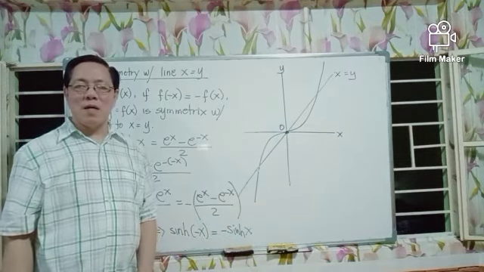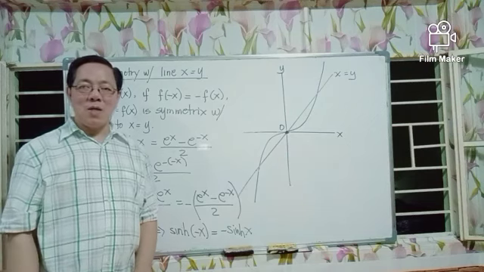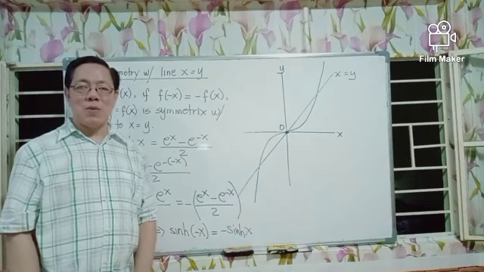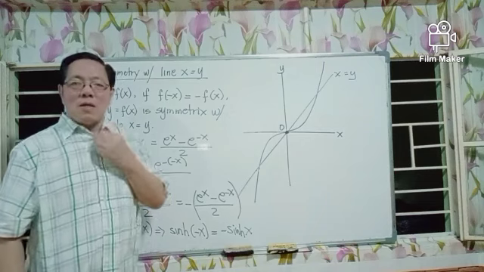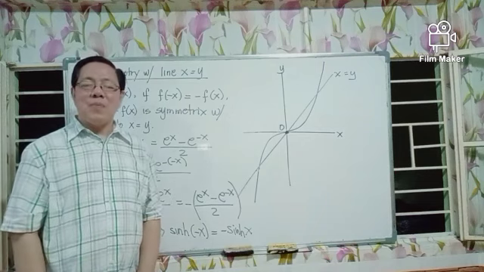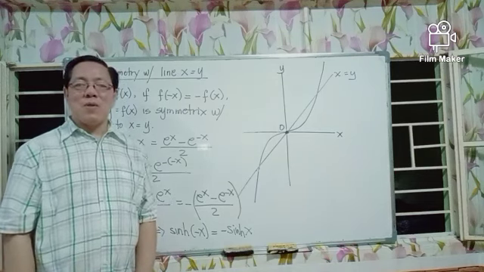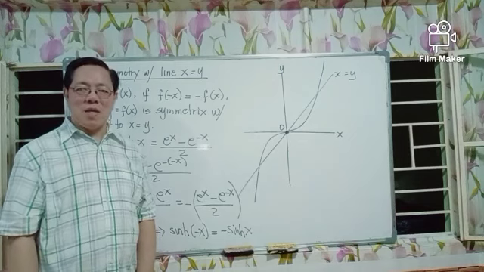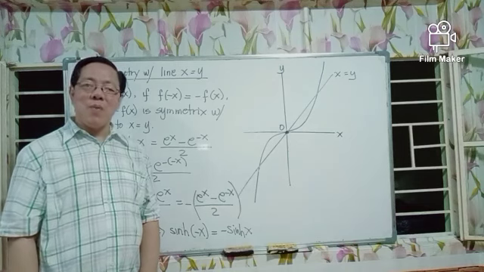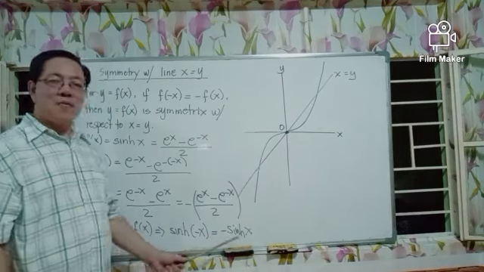Earlier, we have shown that the hyperbolic cosine of minus x is equal to hyperbolic cosine of x. Now we have shown that the hyperbolic sine of minus x is equal to negative of the hyperbolic sine of x.